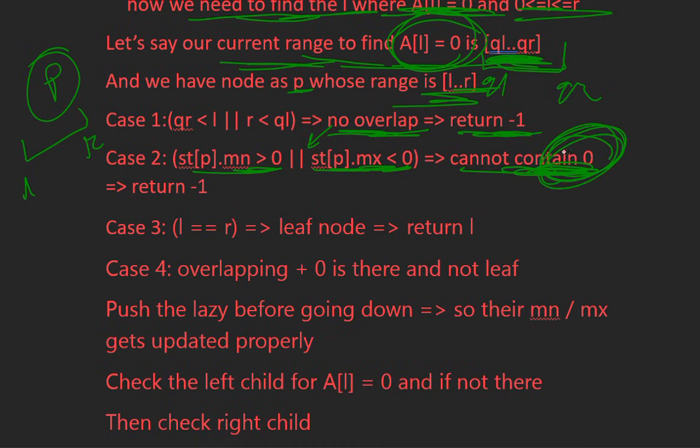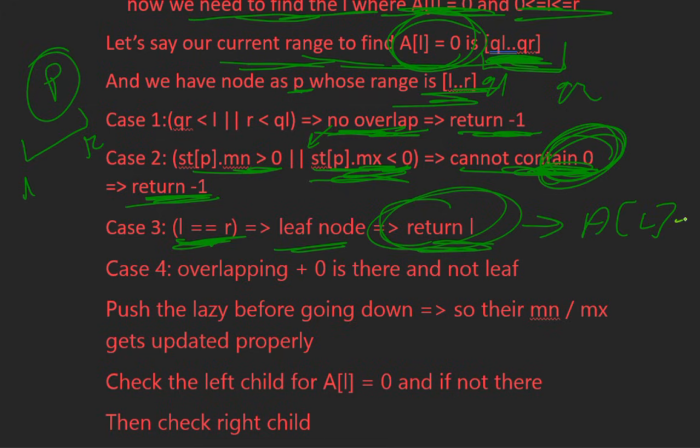Zero is not possible in this range, so in that case also we return -1. What is the third case? Overlapping is there, 0 is also possible, and it is only one node, meaning a leaf node. Leaf node means we get our answer, that is the smallest l where we get a of l equal to 0.